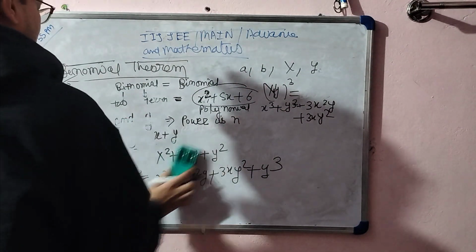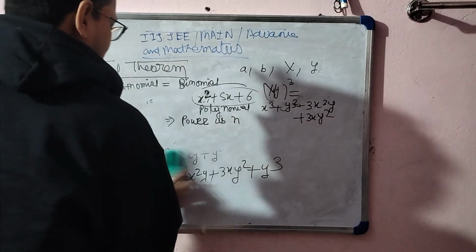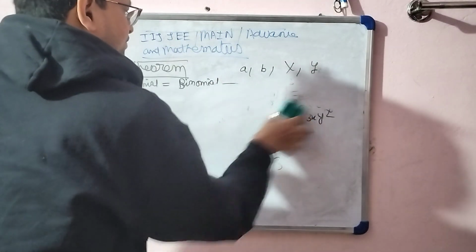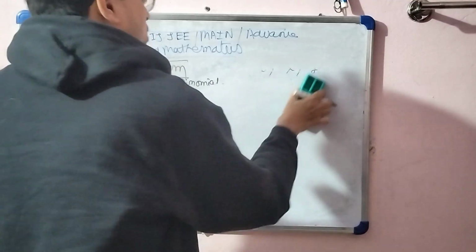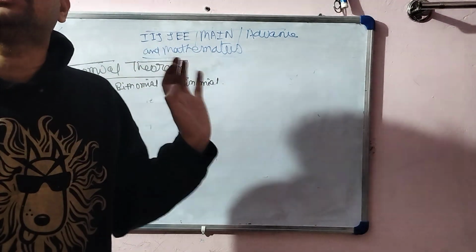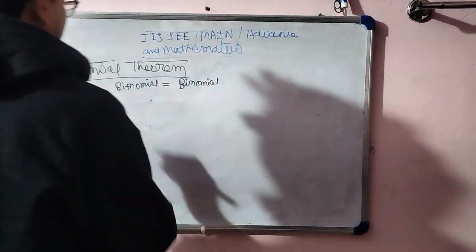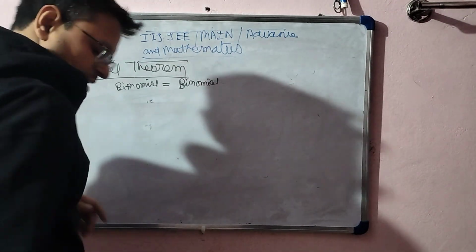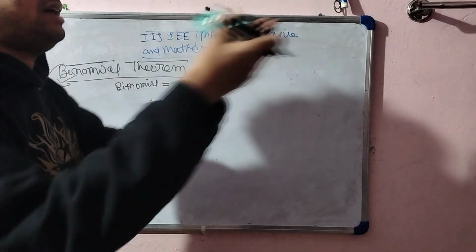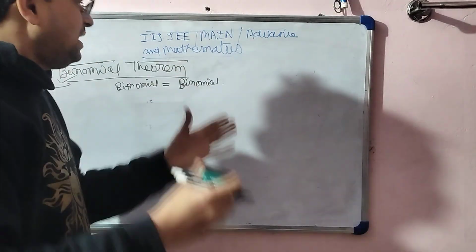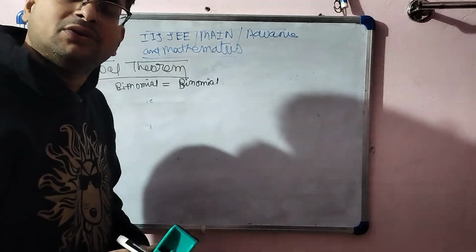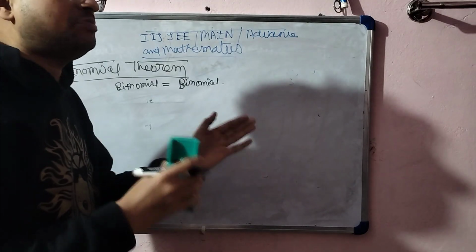In a binomial theorem there are only two terms, x and y, or a or b, not z, not c. These are the binomial extended terms.